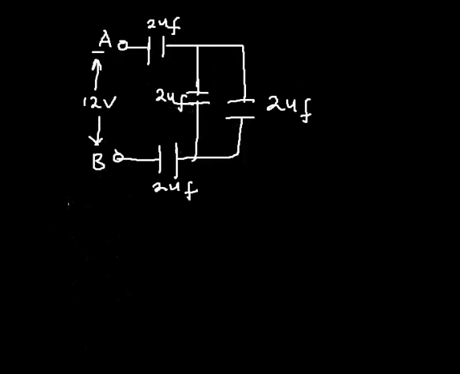For me to get the total charge stored, I have to get the total capacitance, C total, then multiply by the voltage. So how do I get the total capacitance? To resolve these capacitors, I have two branches here. These two capacitors, 2 microfarad and 2 microfarad, are in parallel, because they are in two different branches.